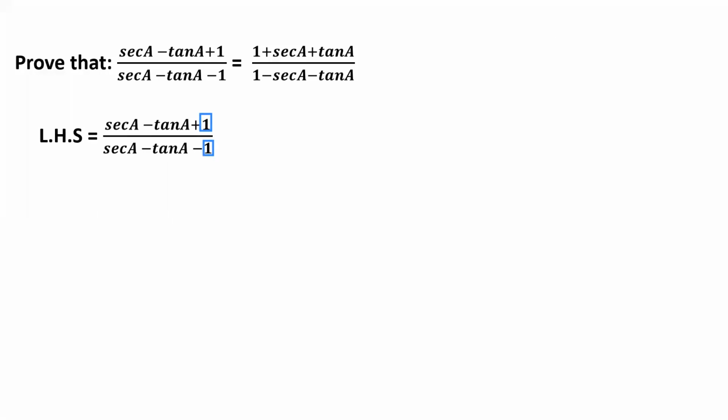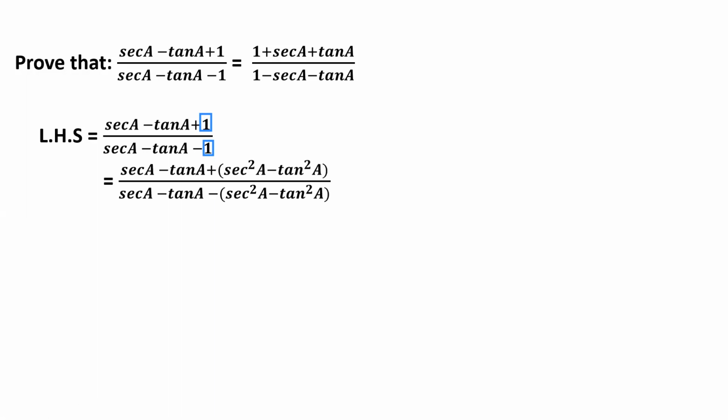Look at here. I can simply change this 1 into sec square A minus tan square A like this. Look at the 1, I changed 1 in terms of sec square A minus tan square A. The denominator also I did the same. Now remember, sec square A minus tan square A is just like a square minus b square. And what is a square minus b square? A square minus b square is (a plus b) times (a minus b).